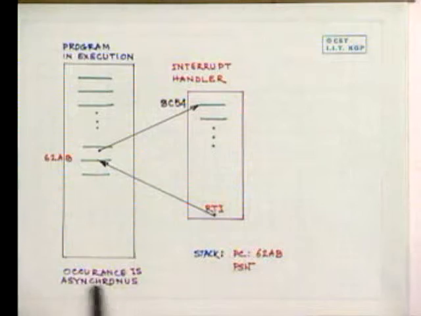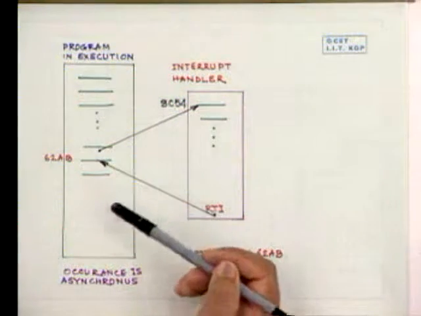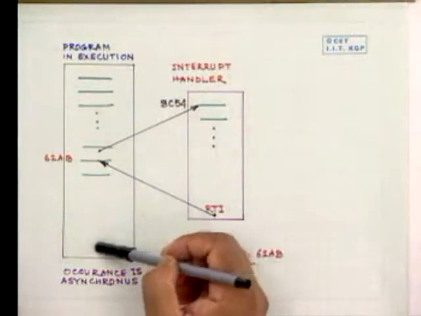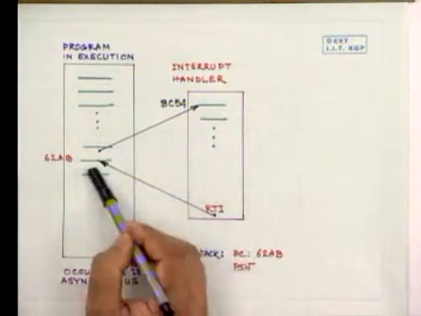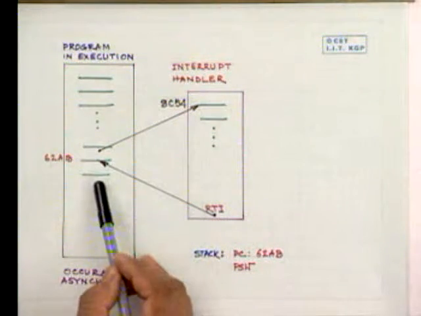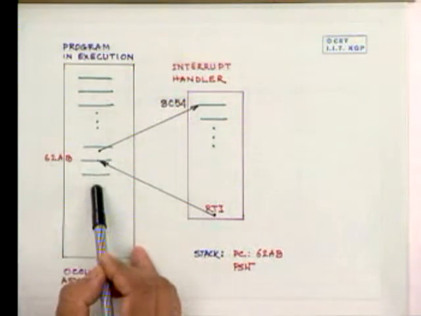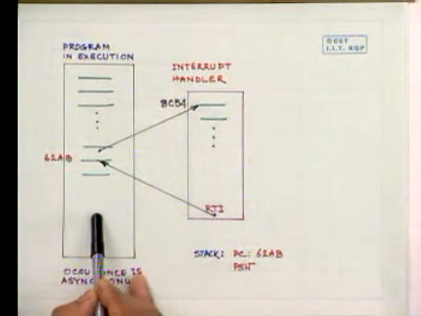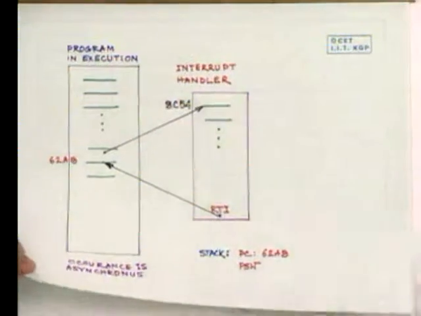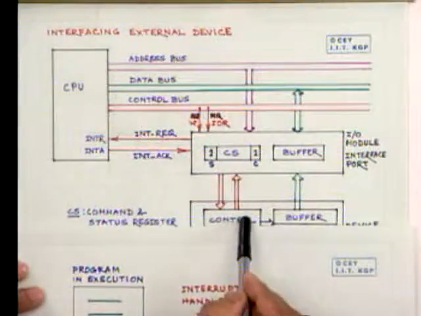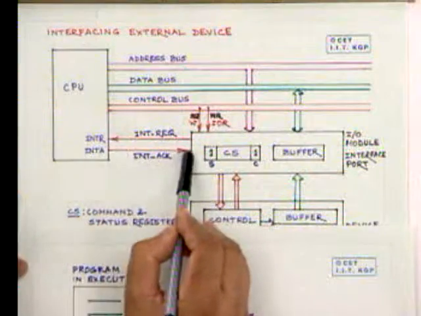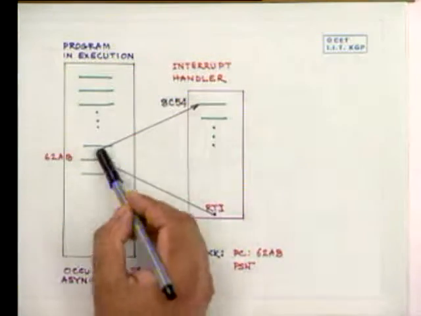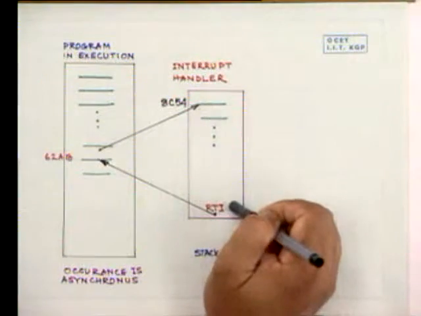The occurrence of the interrupt is asynchronous. Therefore we do not know at what point while this program is executing that interrupt will come, but irrespective of that, on getting an interrupt for this device and the CPU acknowledging the interrupt, the control will always jump to the corresponding interrupt handler of the device.